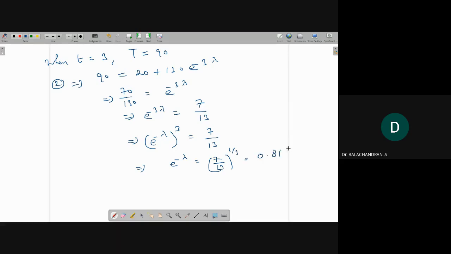If I made any mistake, please point it out. So this implies minus lambda equal to minus 0.206, which implies lambda equal to 0.206.